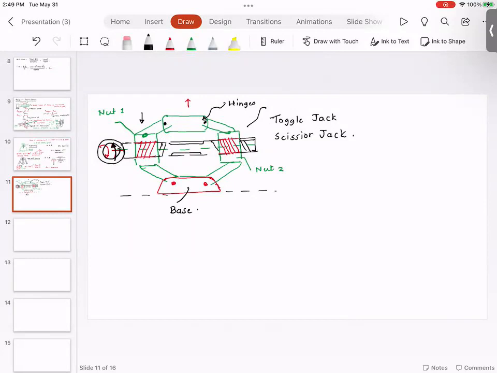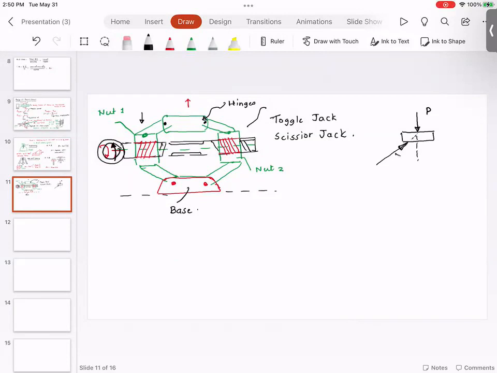Now the issue with toggle jack is if you look at the force that comes on the toggle jack, not entire force comes on the nut. So it totally depends upon the angle at which this nut is oriented.